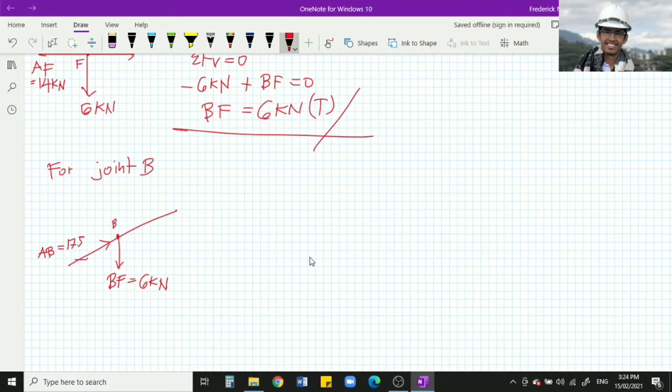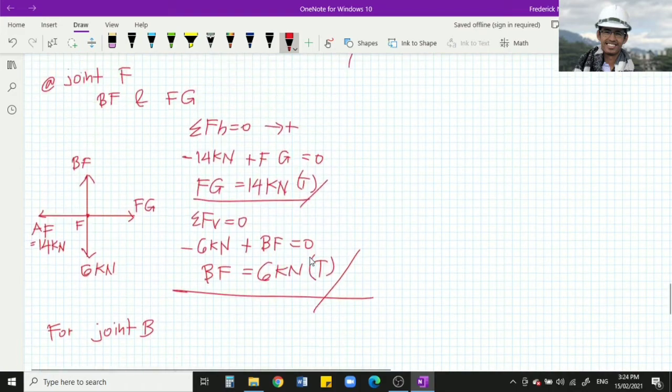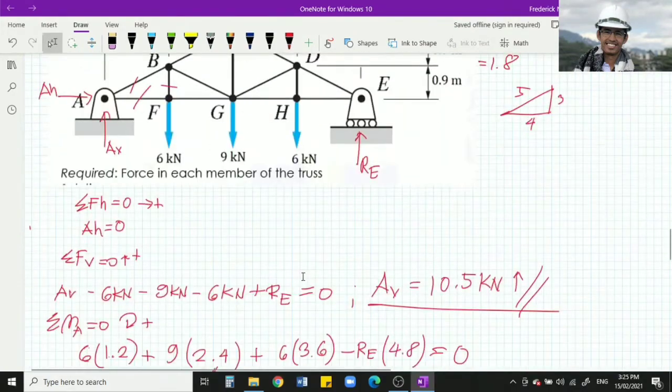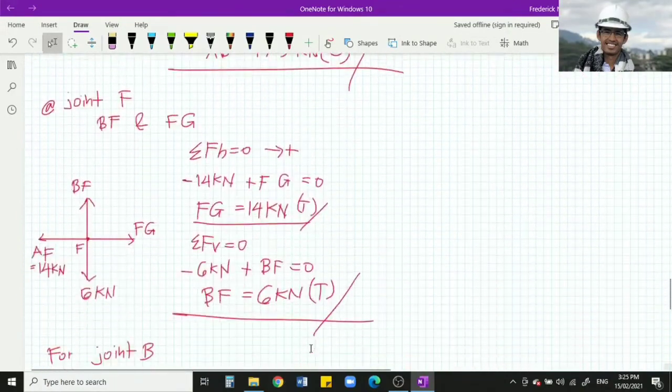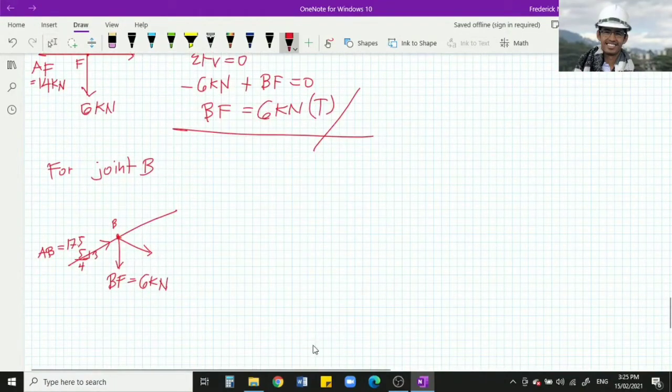And yung slope natin dito class is 3-4-5, no? Same lang din dito. So magkaroon tayong member, yung member natin dito, that will be member BG and BC. Okay? So this is BG and BC.